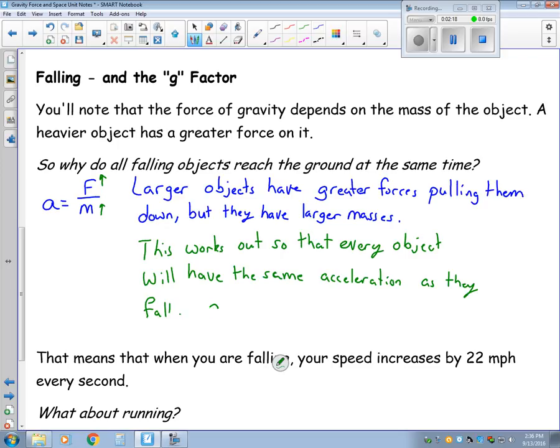That acceleration, which we label with a g because it's for gravity, is 9.8 meters per second squared, or 32 feet per second squared.